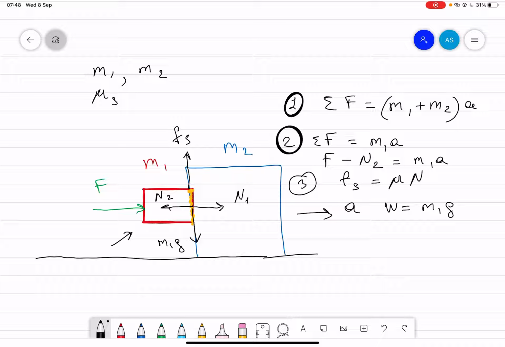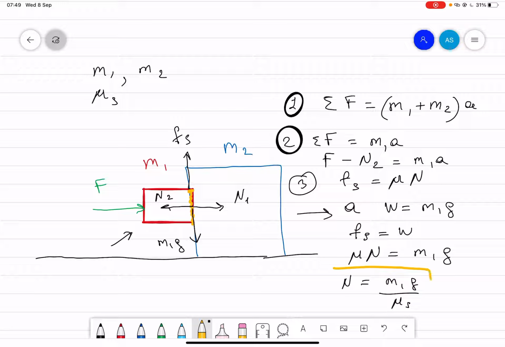So we can say that static friction is equal to the weight, so mu n is equal to m1g. Then from here we find the normal force, which will be m1g divided by mu static.